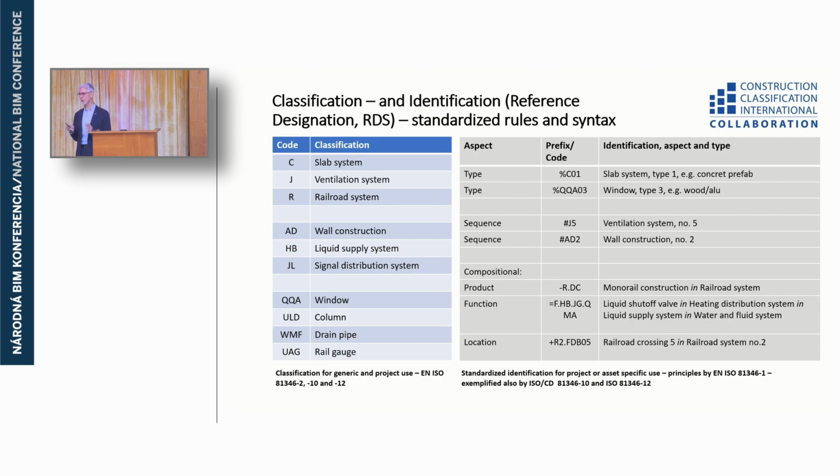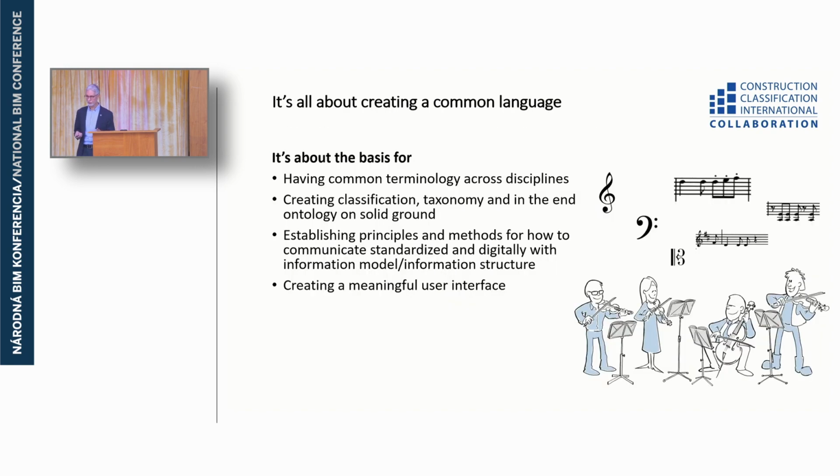The nice word is reference designation system. This is the syntax, and that means it's programmable. So software can actually program this and read this and show the information in a user interface using this in the background. This was made for digital purposes.